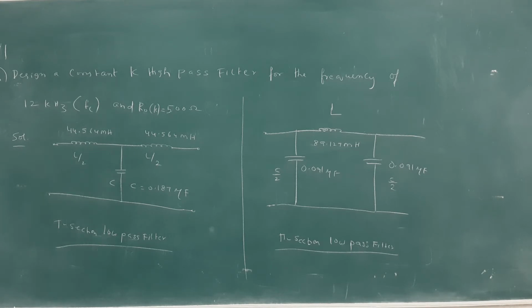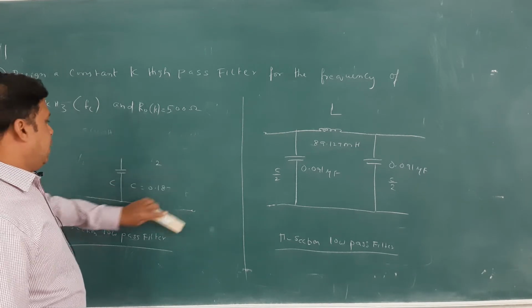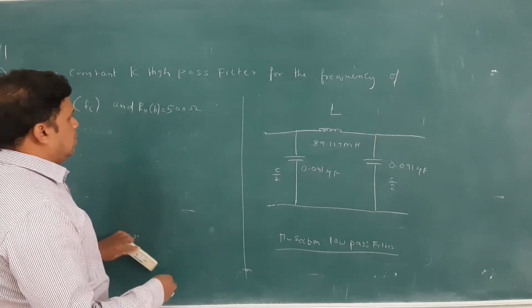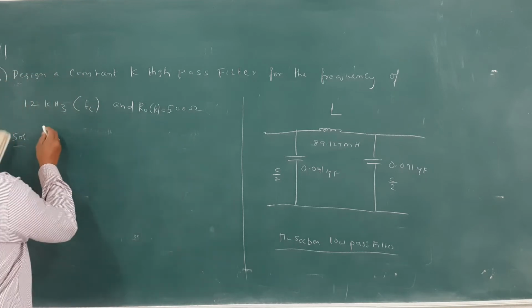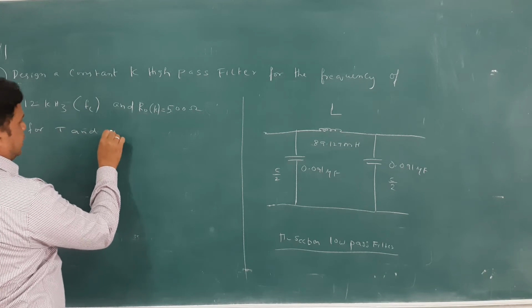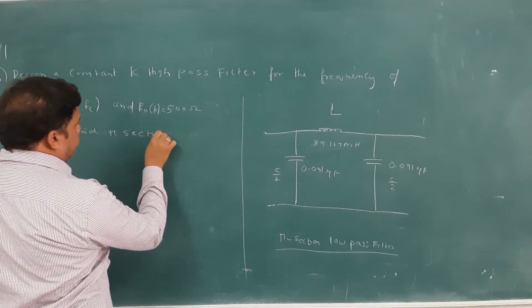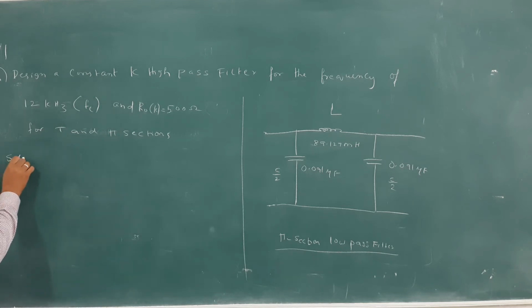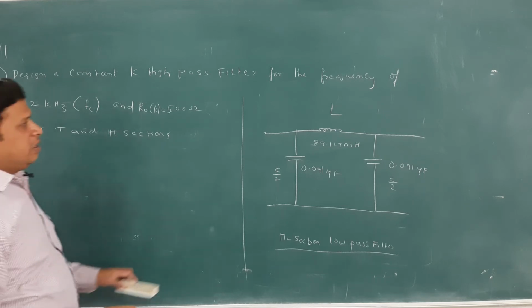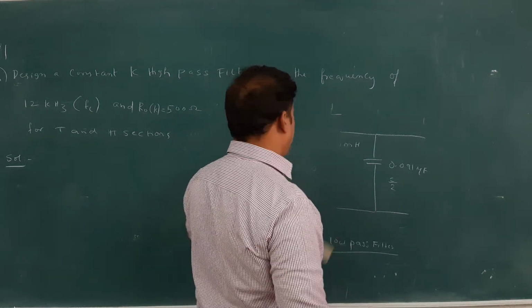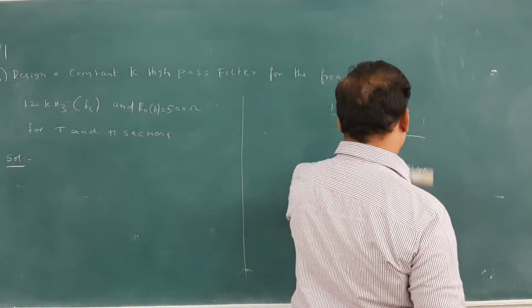So for the T and pi sections, we will see this one, the constant K high pass filter. How do we do this? Now we have to write the values first. The L and C values we will write, and from that we will be designing the high pass filter.